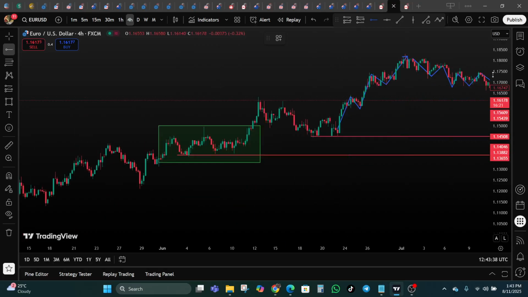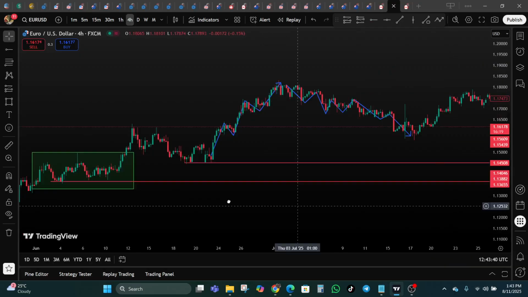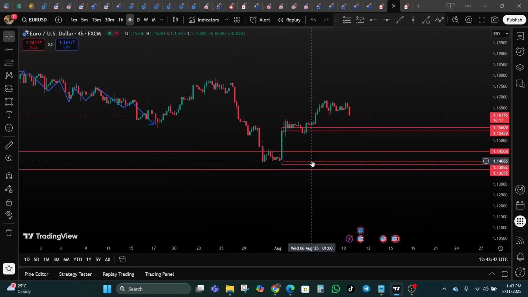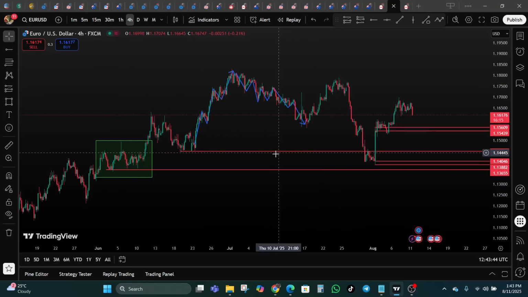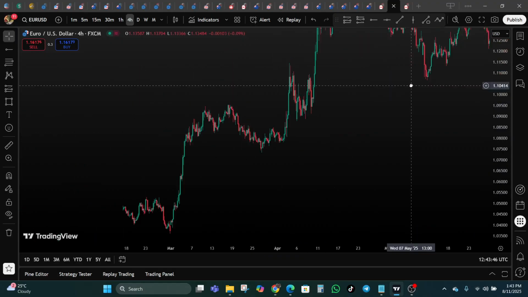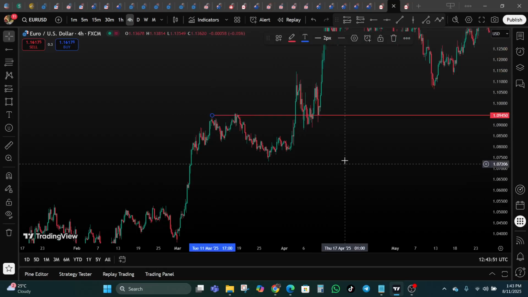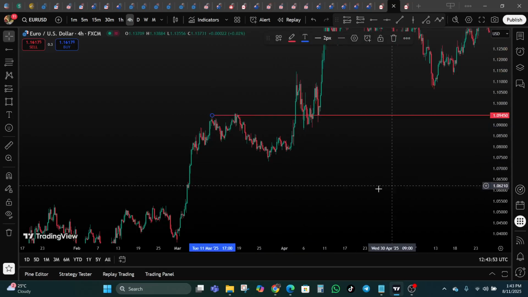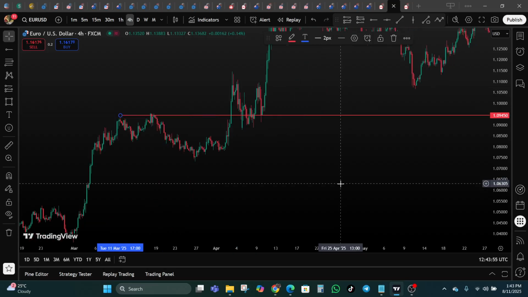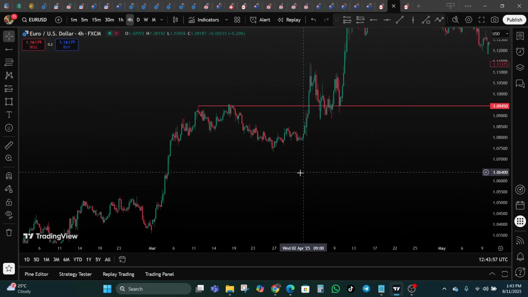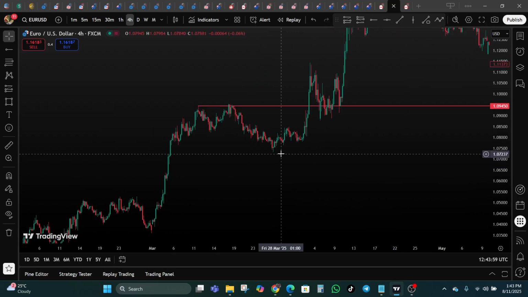Now, it does not mean that support and resistance levels cannot be broken. Of course, they can be broken, and they are usually broken. But the concept is important because it can show you areas of reversals, or areas of rejections in the future. These levels are key because they are where momentum shifts often happen.